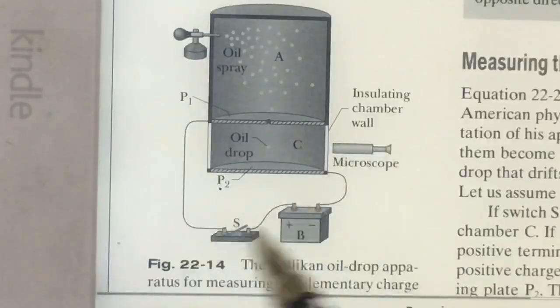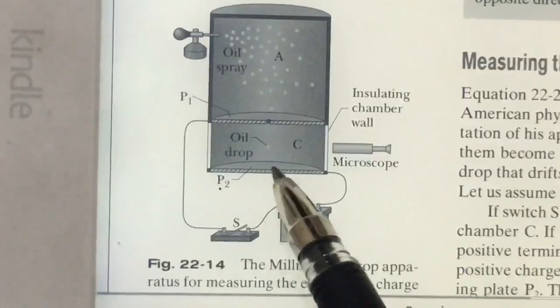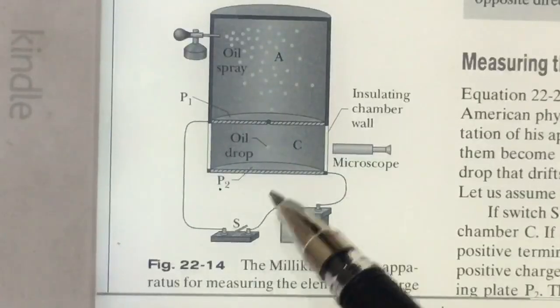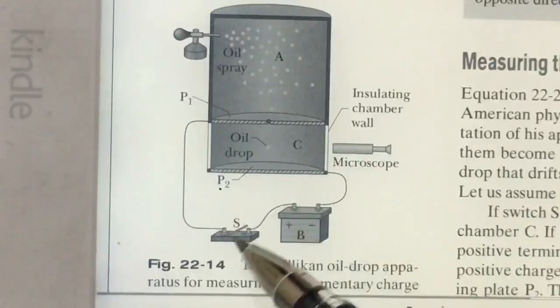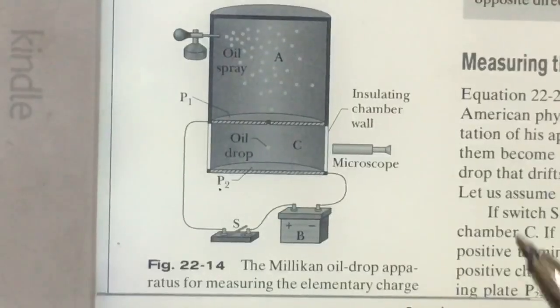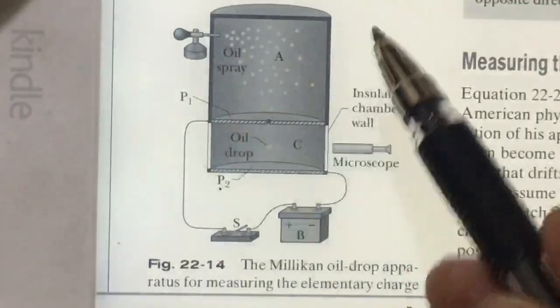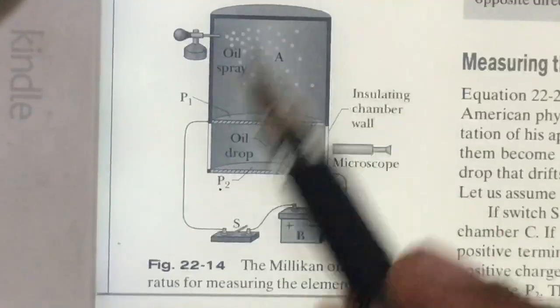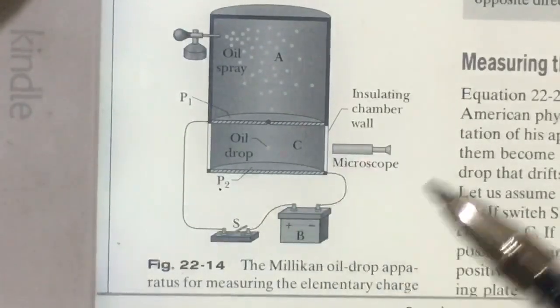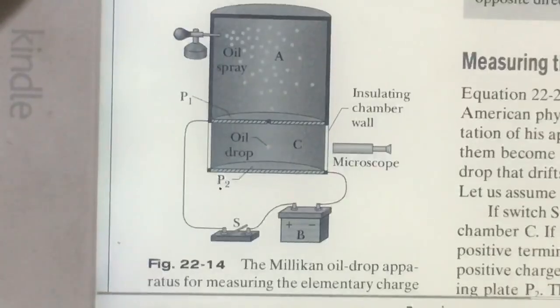So based on the charge on this oil droplet, the movement of the oil droplet, or the drifting of the oil droplet towards plate P1 or plate P2, can be estimated by this process. He utilized this concept, this apparatus, to find out the charge on an electron, the elementary charge on an electron.